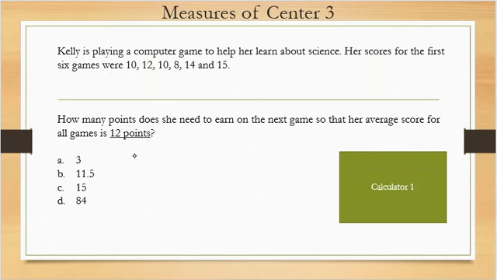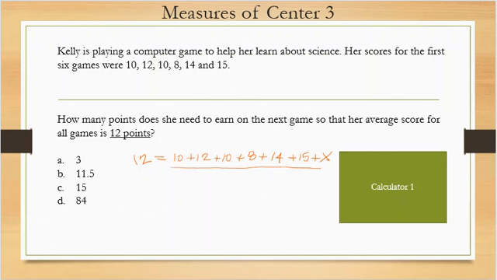So on this one, we're going to say 12, which is the mean, equals 10 plus 12 plus 10 plus 8 plus 14 plus 15 plus, we want to find out what number of points she needs to earn on that 7th game.